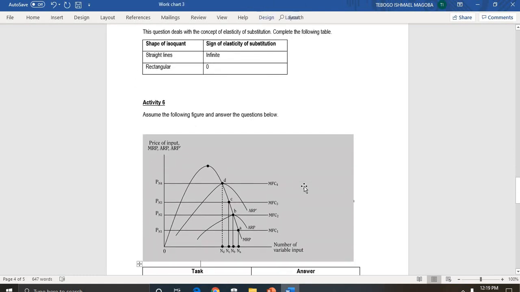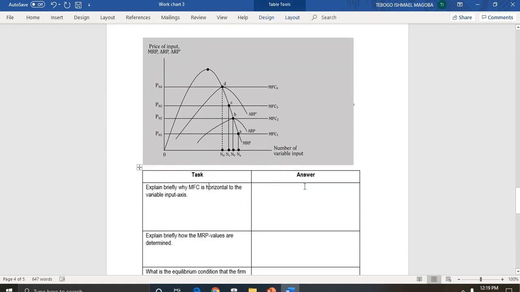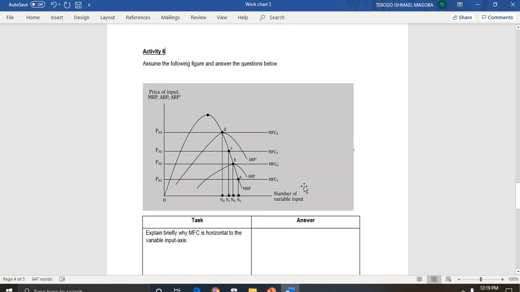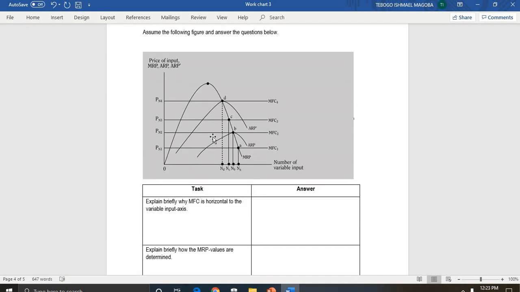Alright, and then for activity 6, it says assume the following figure and answer the following questions. This is, I think, the second graph in your slide. This graph is based on a perfect competitive market.